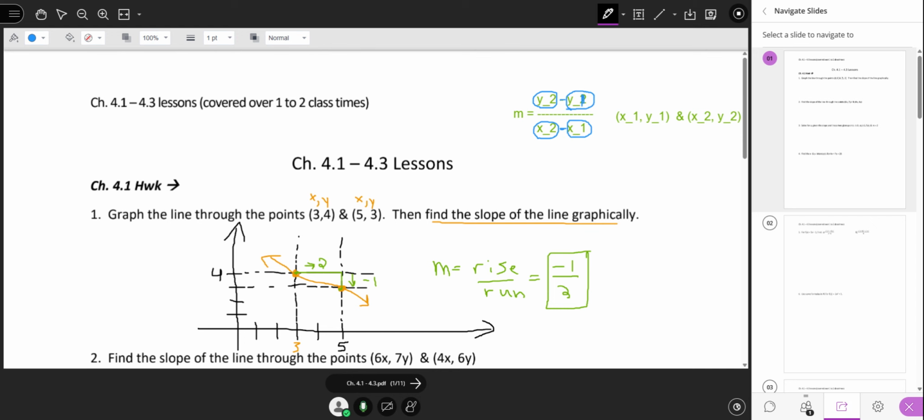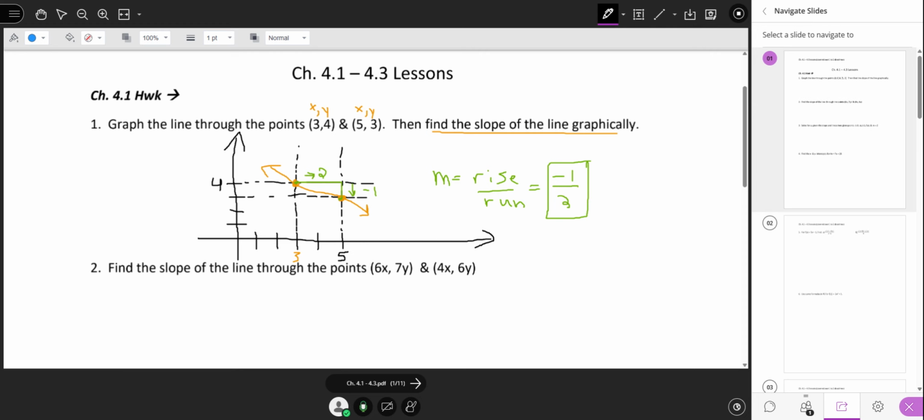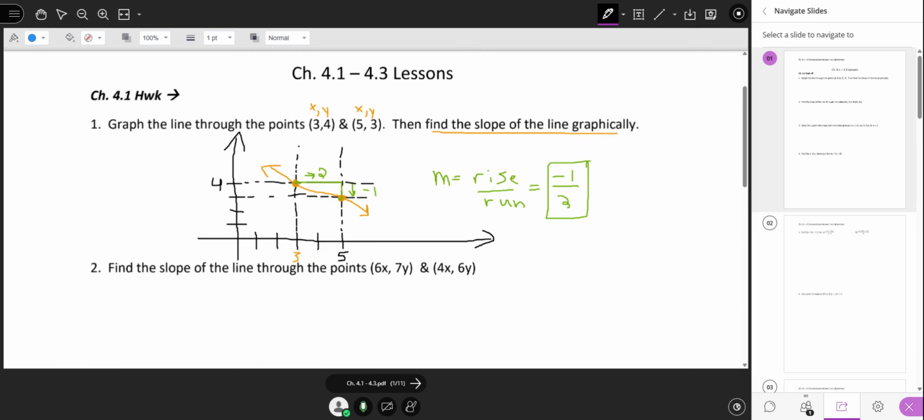Notice, as an ordered pair, you put your first point, x comma y, and your second point, x comma y. So it kind of looks like this. So that's what your slope equals.